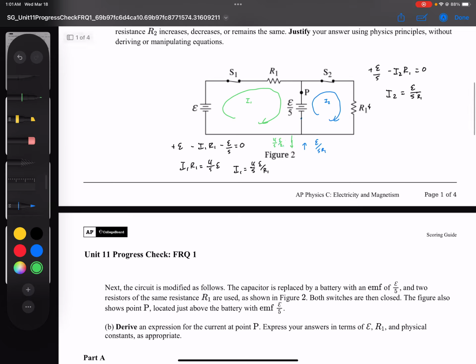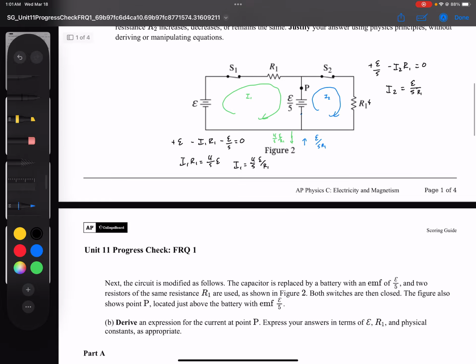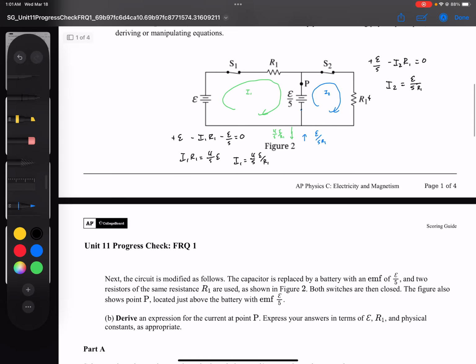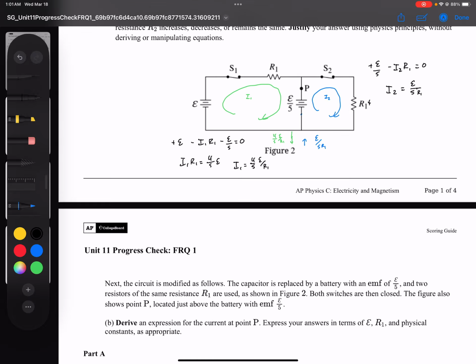If I combine these two fractions together, I have a current going down into the positive terminal of the battery of 4 over 5 epsilon over R1. And then I have a current from the right-hand loop coming out of the battery equal to epsilon over 5R1. The question just asks what's the current through point P, not specifying a particular direction, so just the magnitude of the current.